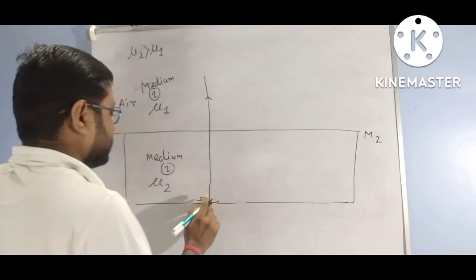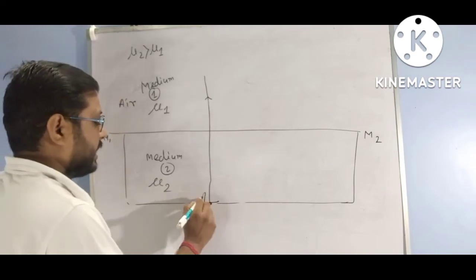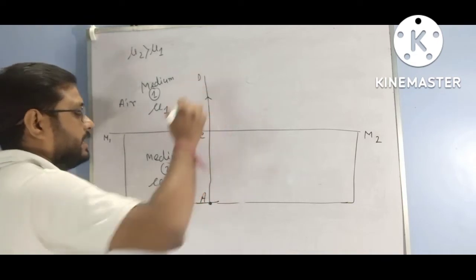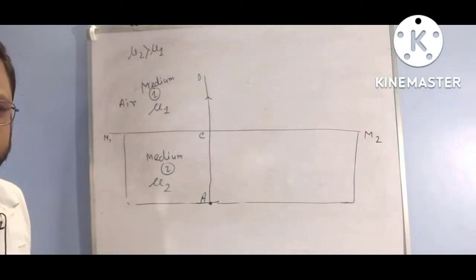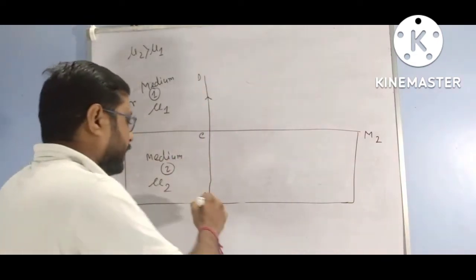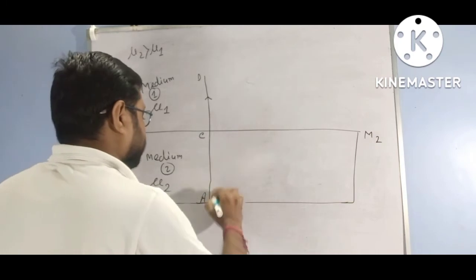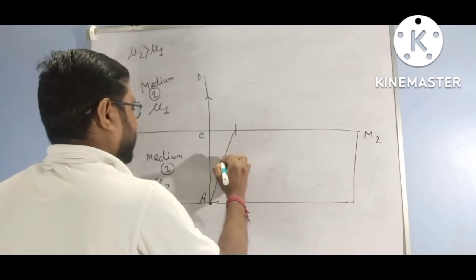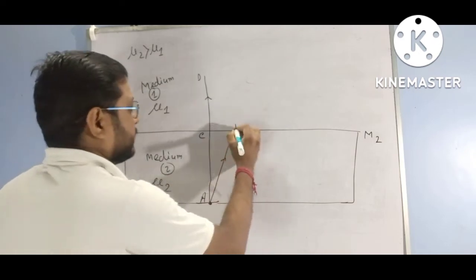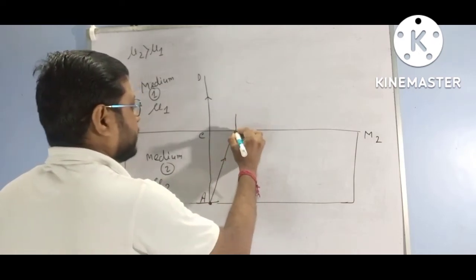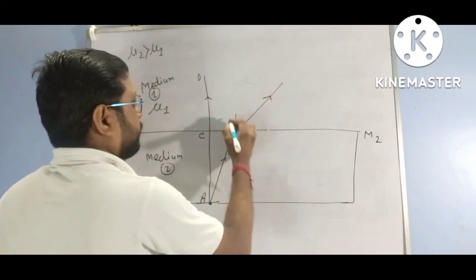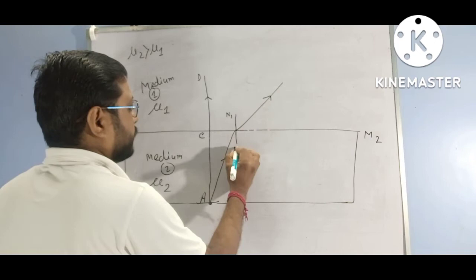That is, if this is the point A, this is C and D, the light goes in the A, C, D direction without any deviation. But when light is incident on another point, as it goes from denser to rarer, if this is the normal, then the refracted ray bends away from the normal N1, N2.